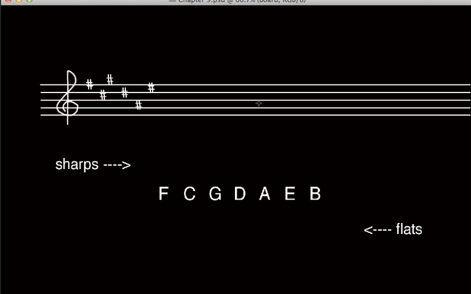And then my last sharp, which is going to be B, is going to be on the 3rd line. So that is the order of the sharps you would write: F, then C, G, D, A, E, and B, just as the order of sharps is down here.